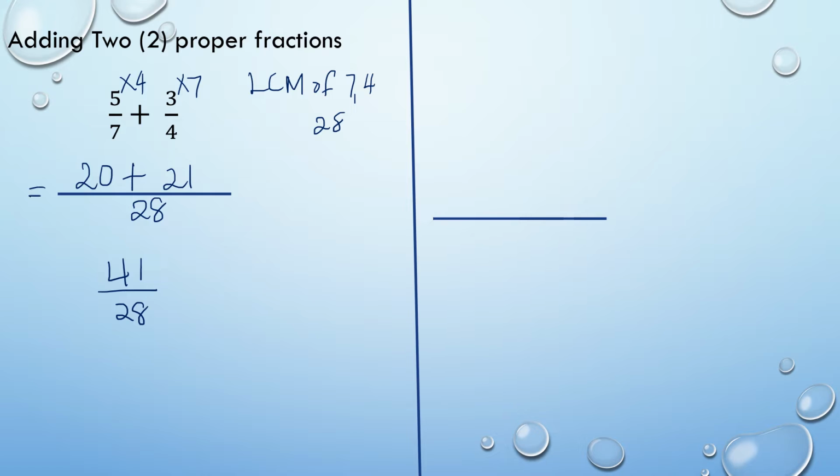We can leave the answer like this, or we could convert this improper fraction to a mixed number. We figure out how many 28s are in 41, so that is 1 and 13/28.